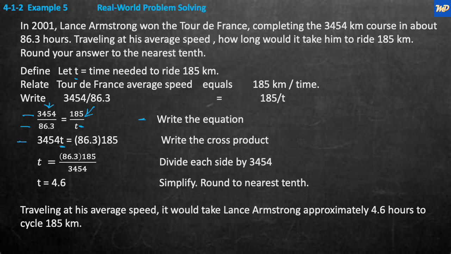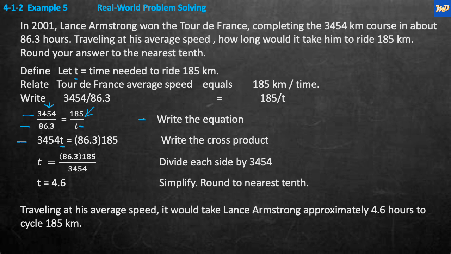Now we've cleared the denominator on both sides, but we have t that has a coefficient. We need to get rid of that. So what are we going to do? We're going to divide both sides by that coefficient. In doing so, t is equal to 86.3 times 185 divided by 3454.